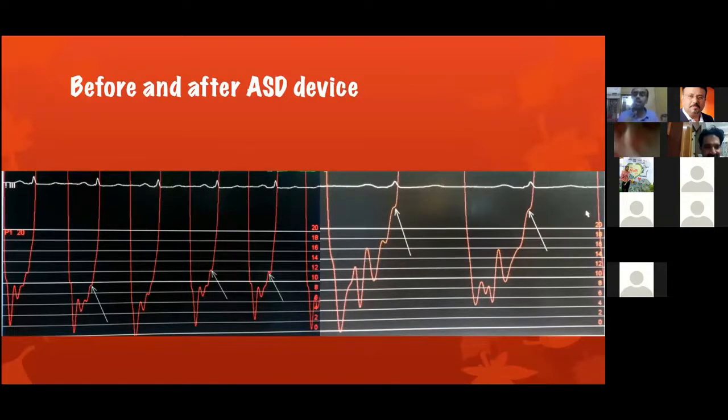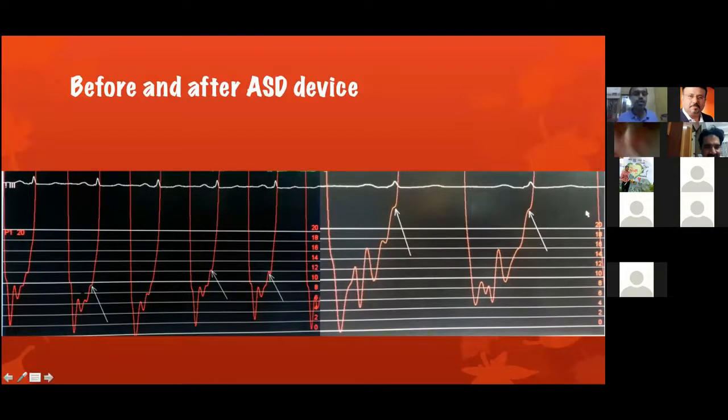When you are putting the catheter into the right atrium in a patient with atrial septal defect, and if you are getting a mean pressure of more than 8 millimeters of mercury, that is indirect evidence of restrictive LV physiology, indirect evidence of elevated LV end-diastolic pressure. Already you have diagnosed that this is a patient who is going to develop restrictive LV physiology.